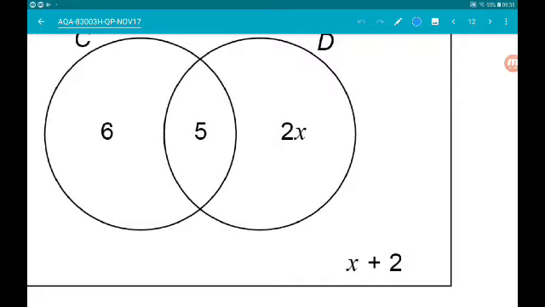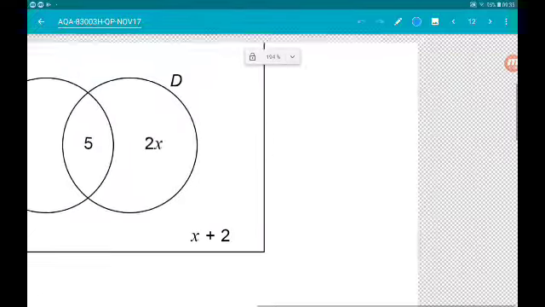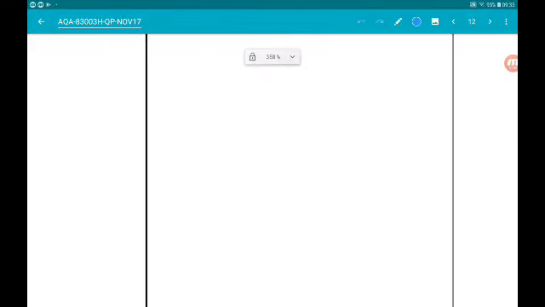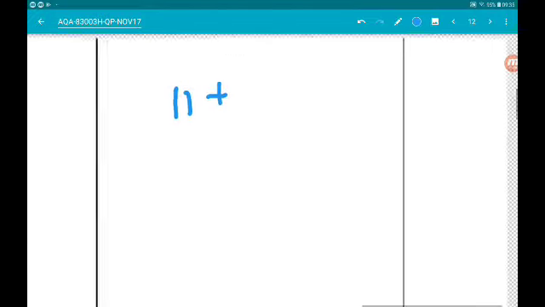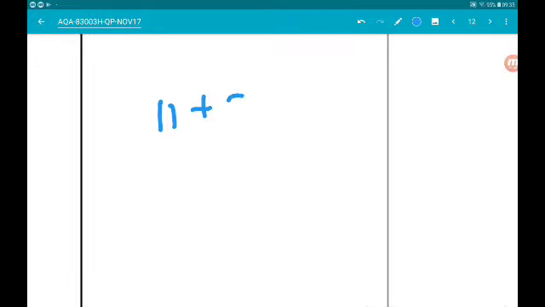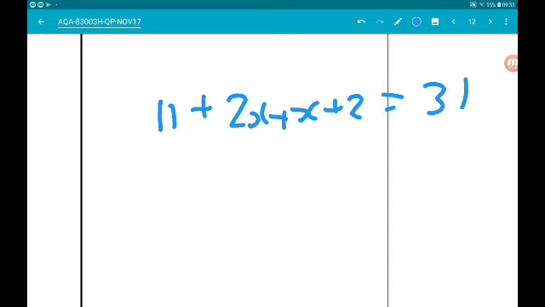So we got 6 add 5 is 11. So we got 11 add 2x add x add 2 has to be 31. So we've got 3x add 13 is equal to 31.